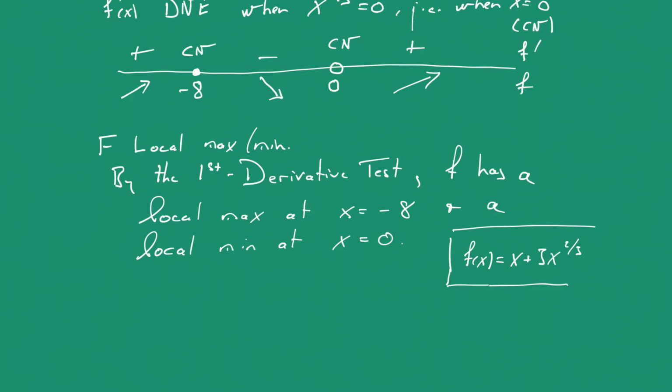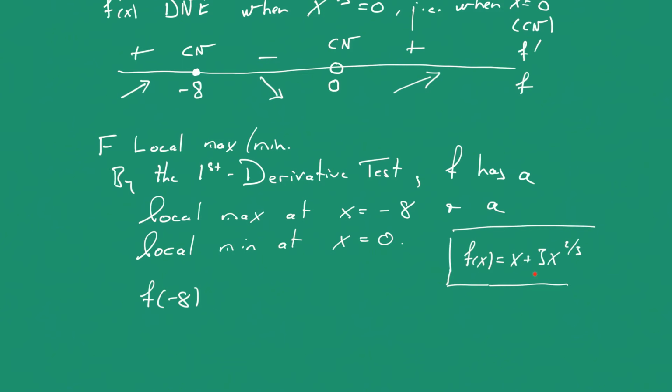All right, so now we need to know what the corresponding y values are when x equals -8 and x equals 0. In other words, what is this local max at -8 and what is this local min at x equals 0? So first of all, evaluating f at -8.